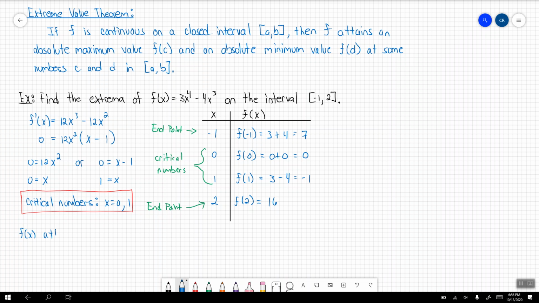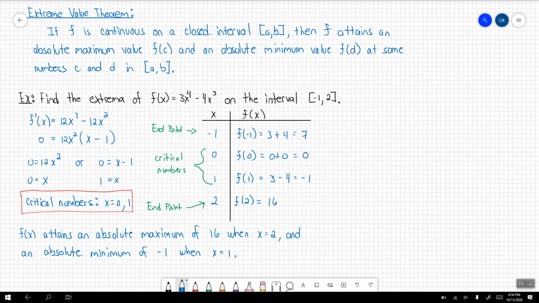F of x attains an absolute maximum of 16, and this is when x is equal to 2, and an absolute minimum of -1, and this is when x is equal to 1.